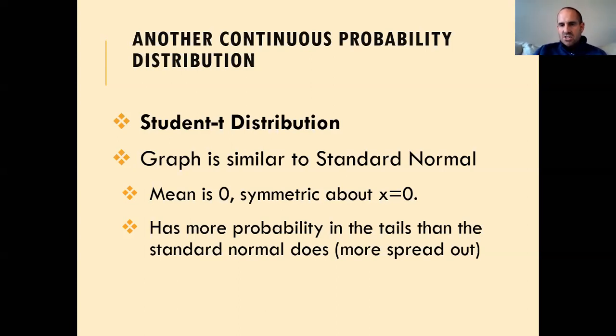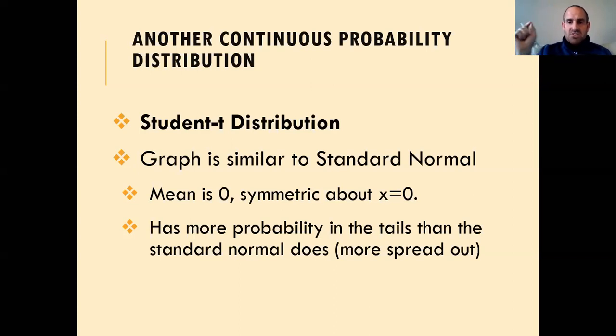The student t distribution looks like the standard normal. It's a bell-shaped distribution about 0, but the standard deviation depends on the situation at hand. In fact, the smaller the sample size that you have, the flatter it is. It's more spread out.